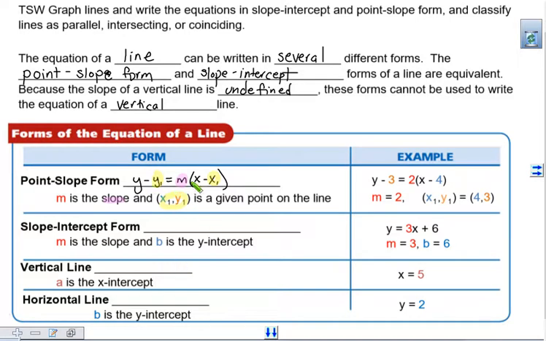Now notice I did not highlight the minus sign in front because that does not actually go with the point. So when you plug in coordinates, say 4, 3, into this, it looks like it changes sign.